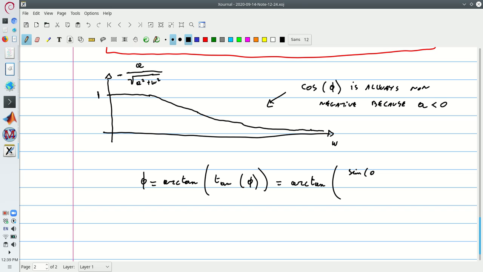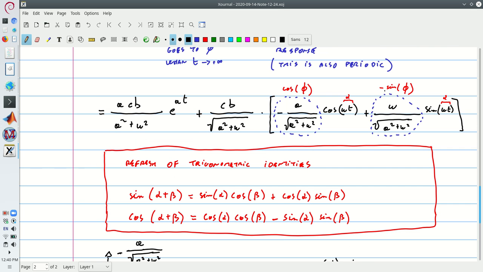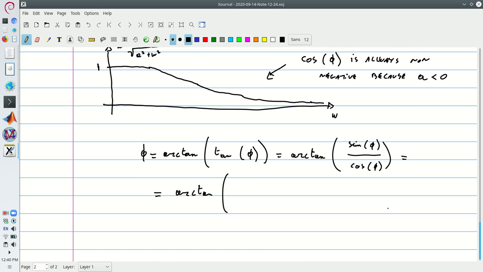Sine of phi divided by cosine of phi equal to arctan of, and now I take this quantity but with a minus, so omega divided by the square root of a square plus omega square divided by, and remember the minus a that divides the square root of a square plus omega square.